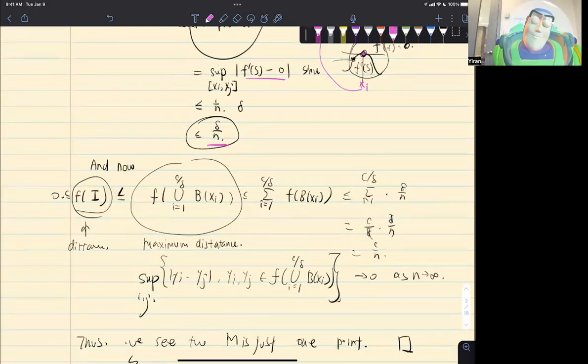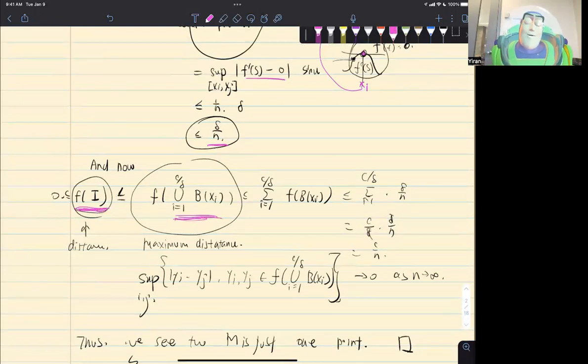So here, notice that the B_i are the cover of the interval I. So by the property of the union, the function, which you should have learned in the previous chapter, this is smaller than this. Oh, I'm sorry, this is just by definition of the open cover.